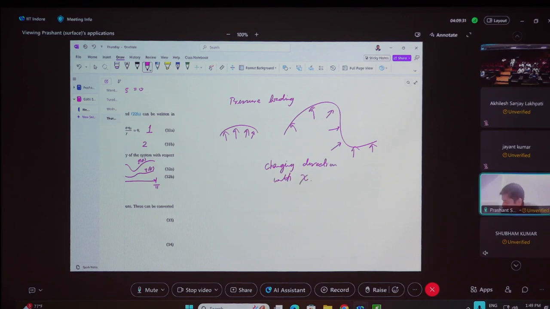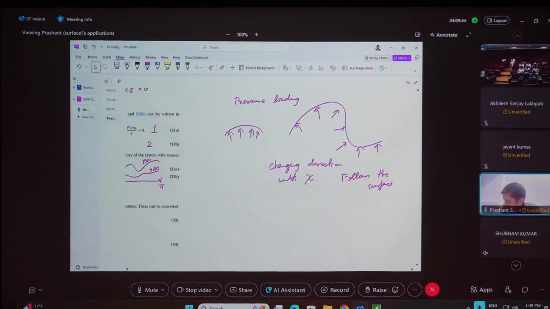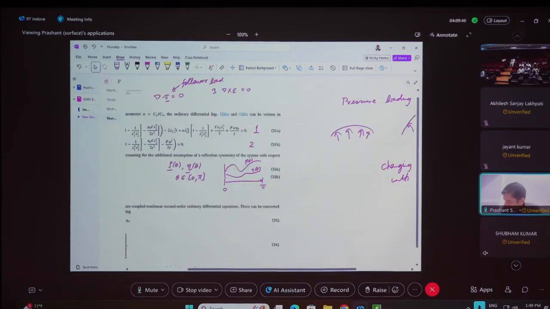So it follows the surface. And it becomes quite difficult to integrate a follower load like this in a traditional method. So that's why I think this variational formulation is quite useful.